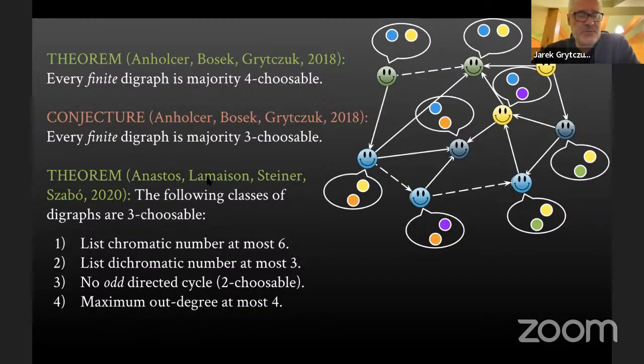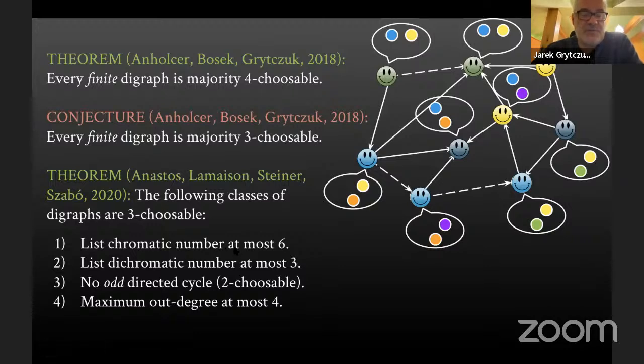In this theorem, I show you some chosen facts that were established recently by these authors. So, for instance, if you take a directed graph whose underlying non-directed graph is 6 choosable, so has list chromatic number at most 6. For instance, planar graphs are even 5 choosable. So the class of planar digraphs is covered in this point 1.